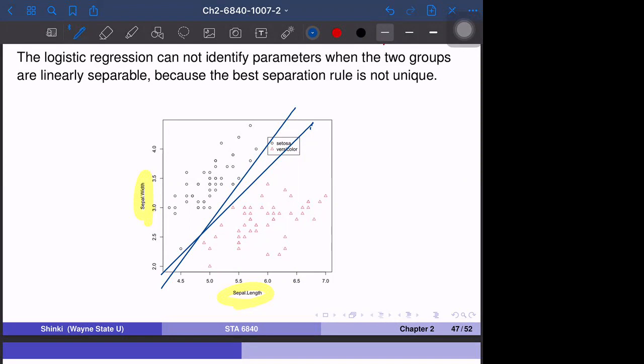Basically, logistic regression is fitting the probability curve perpendicular to the separation line. So think of this as the probability of being versicolor.